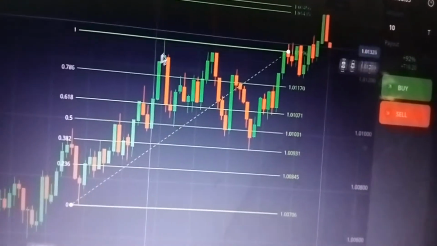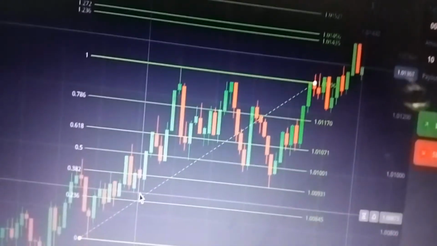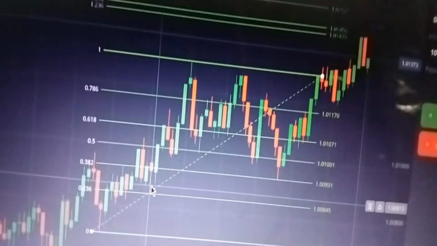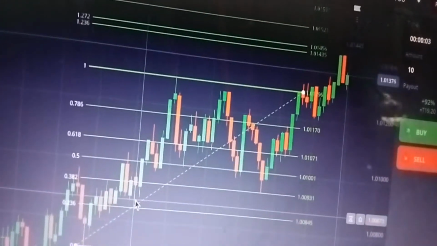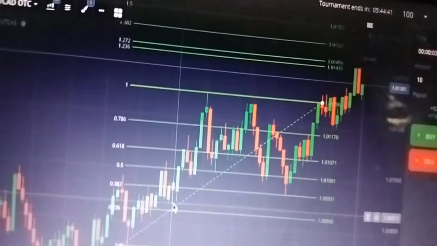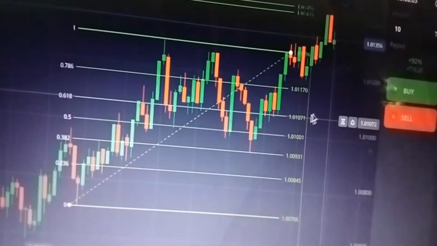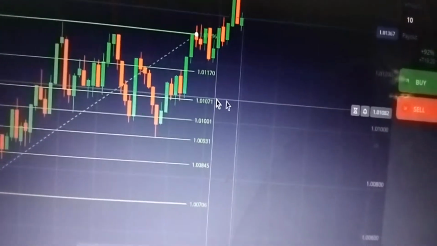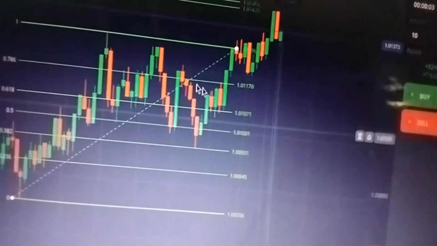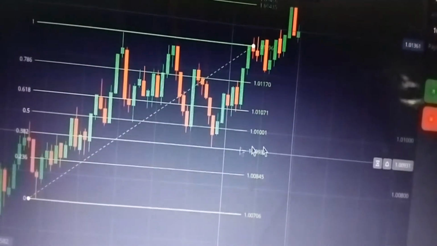As you can see, it is inside the range of this high to this low, right? Inside the range. So that is a market structure. So that is the internal structure here.